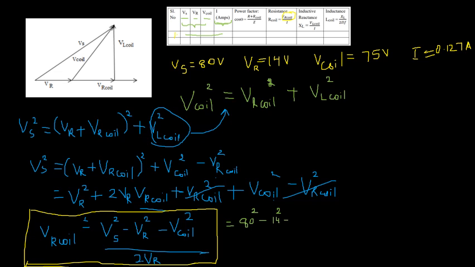Again minus V coil, we got it as 75, so substitute 75 square, and divide it by 2 multiplied by VR, which is 14 volts. So if you calculate 80 square minus 14 square minus 75 square, divided by 2 into 14, it will give us a solution of around 20.67 volts.